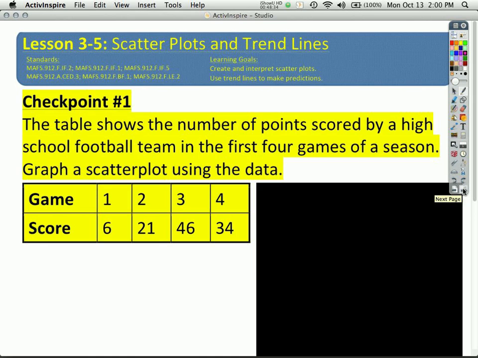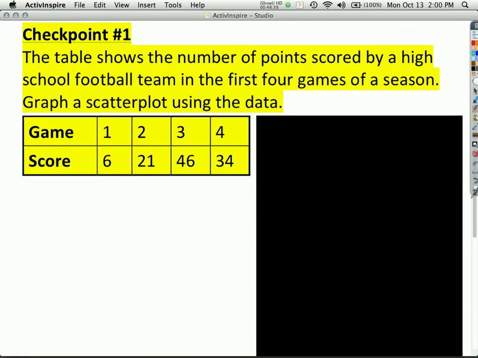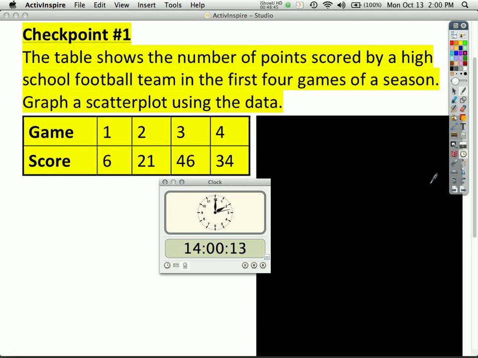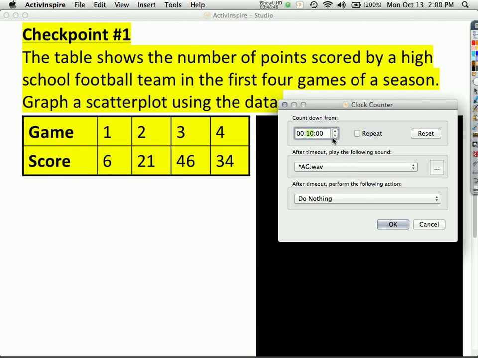All right, checkpoint number 1. You do not have to copy anything, but you need to create a scatter plot from the data. You got 4 minutes.